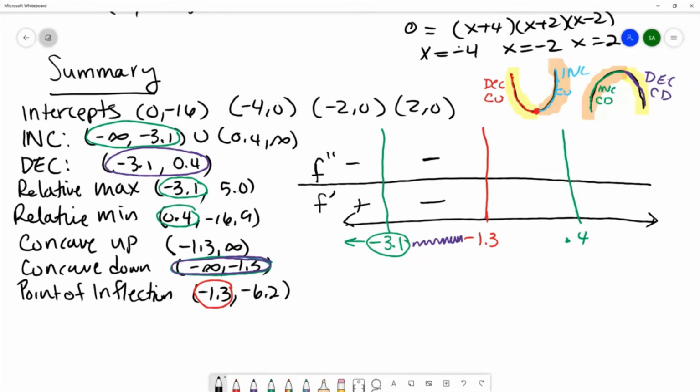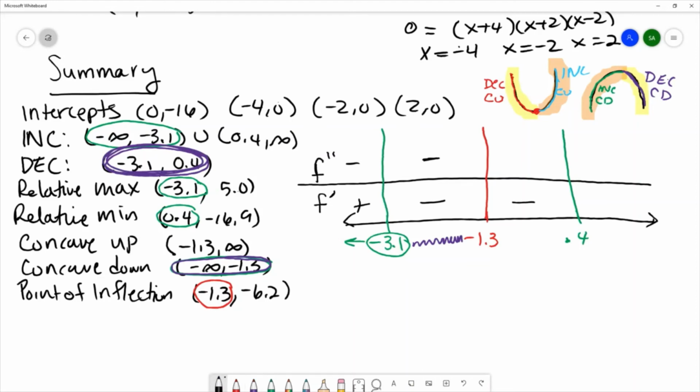And then from negative 1.3 to 0.4, the first derivative said decreasing, so that means it is negative.